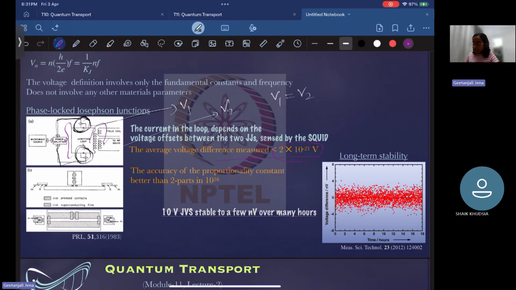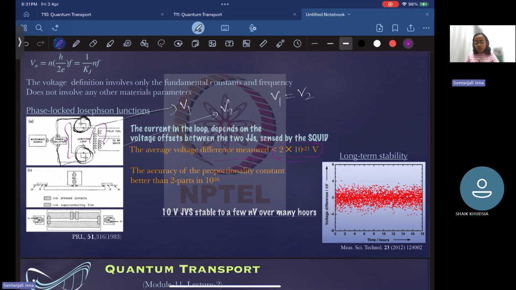So that means they are quite accurate for our experimental measurement. So we can use the Josephson junction as a voltage standard. But remember that we need an array of junctions to get a practical value of the voltage.